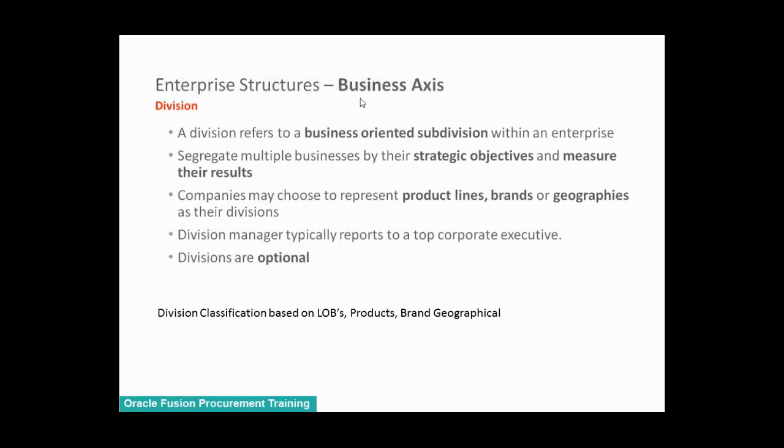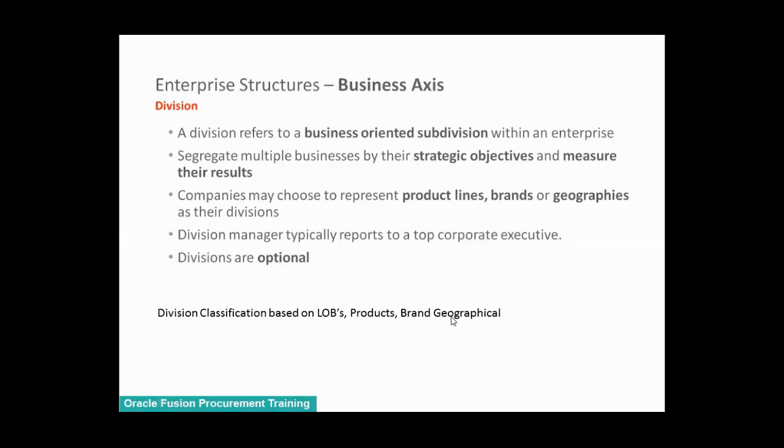Coming to division classification, it can be based on the product or on the geographical classification. As of now, we are discussing division classification based on the product. GE Electrical, GE Construction are based on the product. You can also divide it based on the geographical region.